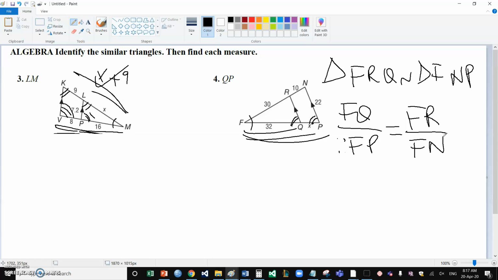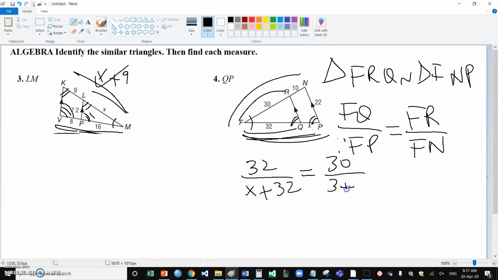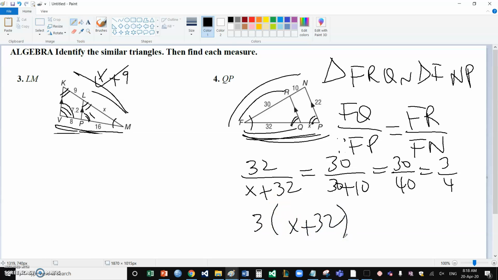Now let's substitute. FQ is 32 over FP is x plus 32, equals FR 30 over FN, 30 plus 10, 30 over 40, which is 3 over 4. So 3 times x plus 32 equals 4 times 32. 3x plus 96.